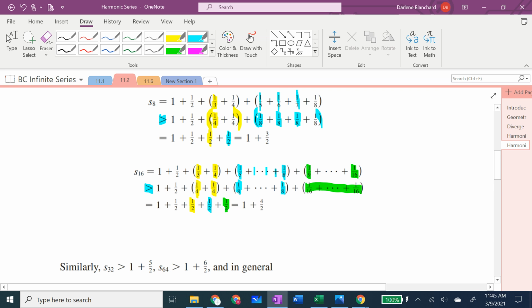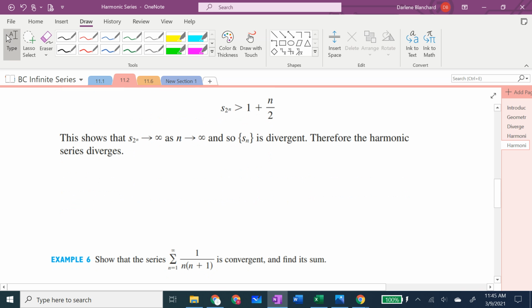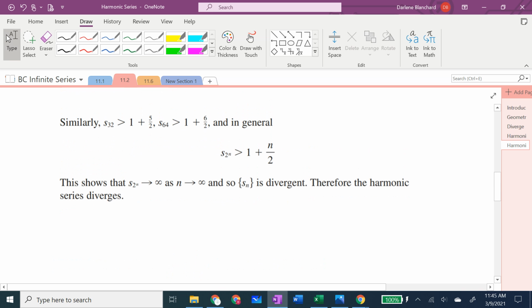And that is greater than that particular sum. So the details are right there, and then I'm going to stop there.